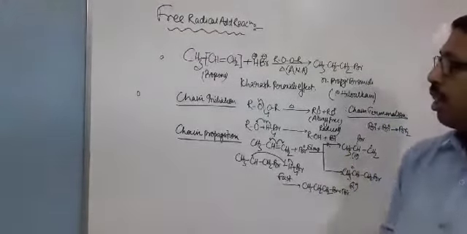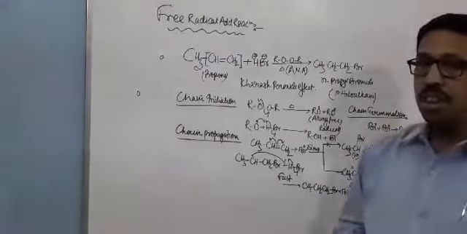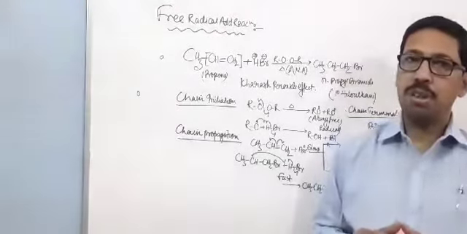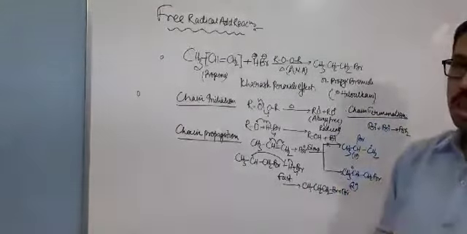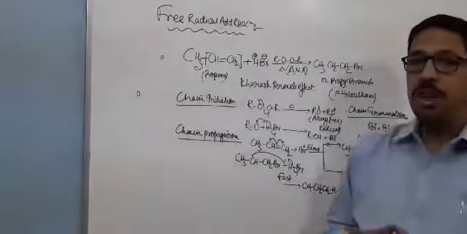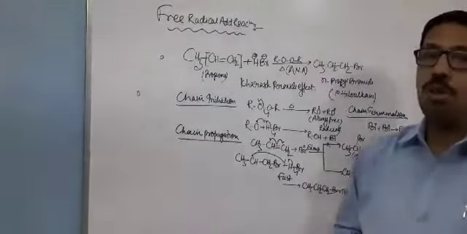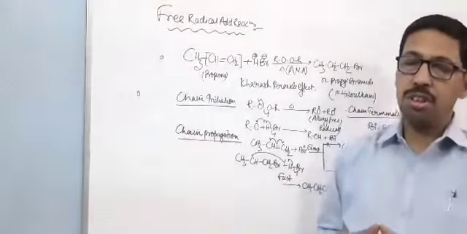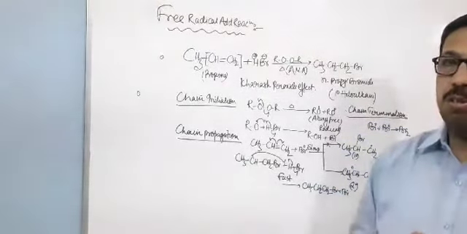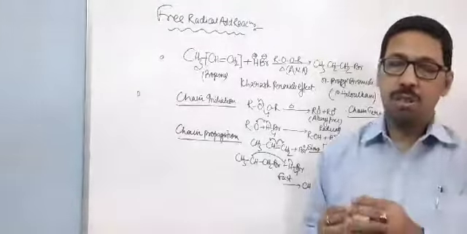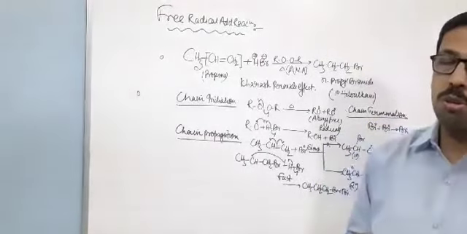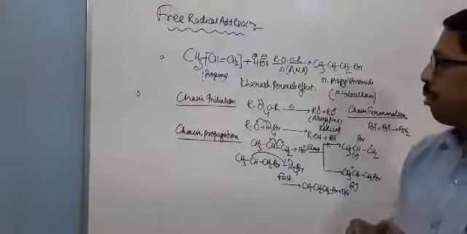Hope you understand. With this free radical addition reaction, one topic we have already completed, and that is anti-Markovnikov's addition, which is just the reverse of Markovnikov's addition reaction. It was first explained by Kharasch, so it is also known as the Kharasch peroxide effect.